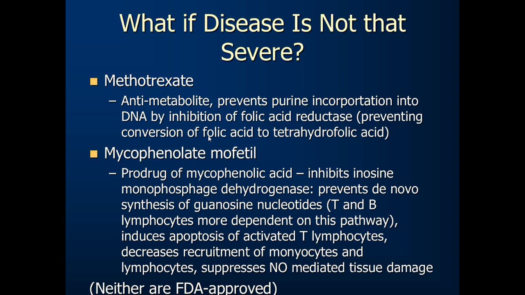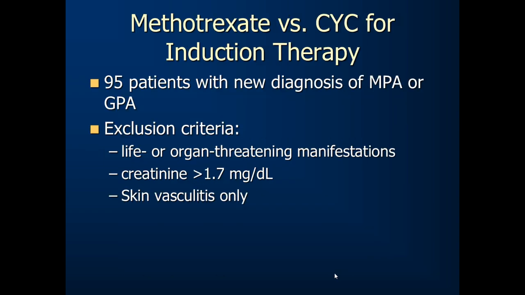Mycophenolate does a lot of different things, but basically prevents synthesis of guanosine nucleotides, which tend to be a little bit more involved in T and B lymphocytes, decreases recruitment of monocytes and lymphocytes, and then suppresses nitric oxide-mediated tissue damage. Okay. Oh, and neither are FDA approved for vasculitis induction or maintenance therapy.